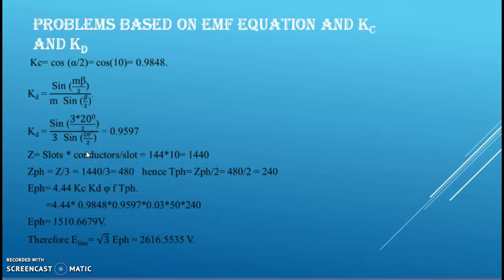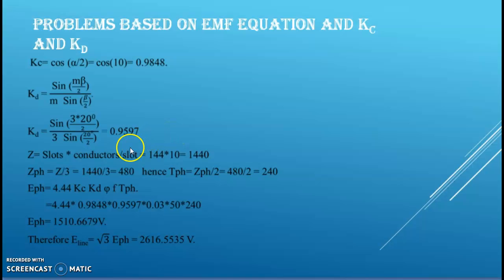Put all these values in your calculator, and if you solve this, you will get the value of Kd as 0.9597. If you have any doubt about this Kd and Kc, we have detailed derivations about Kc, Kd, and how we get beta, m and n in my previous videos.